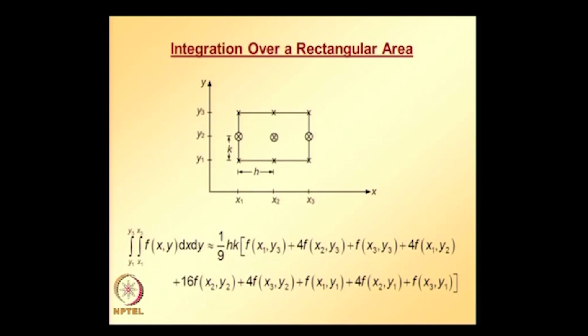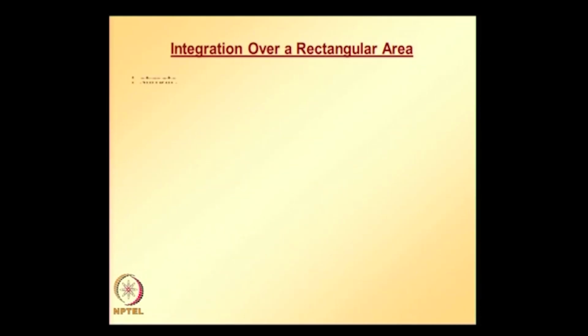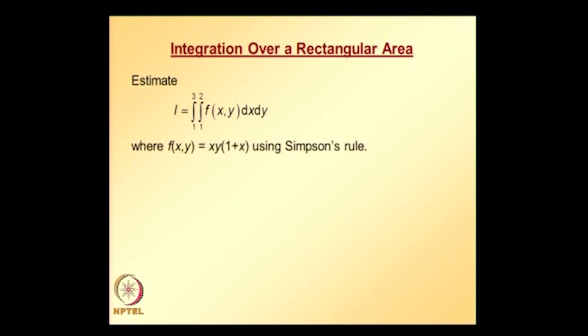So, we can apply this to estimate the integral that we already estimated using the trapezium rule. This is the integral that we estimated, where f(x, y) is defined as xy times (1 plus x). So, now we need to apply Simpson's rule.